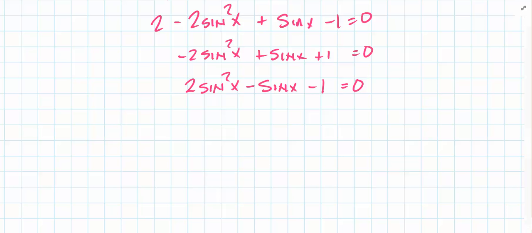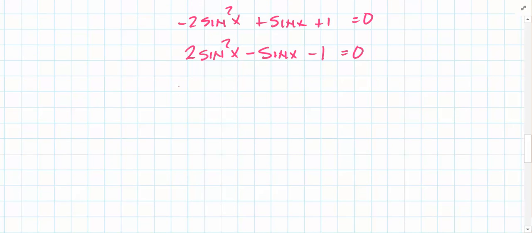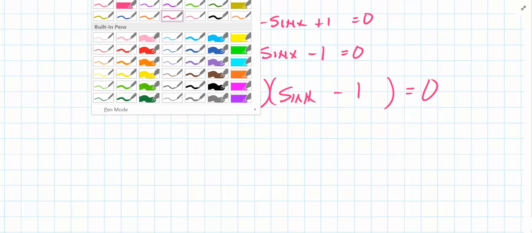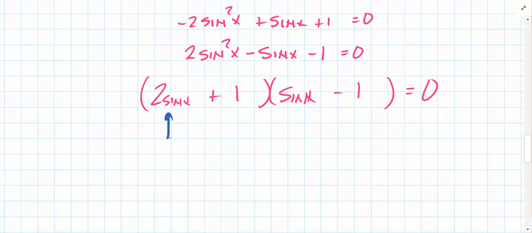Okay. So how can we factor this? Anybody got any thoughts? Well, 2 sine x. Yep. Probably a 2 sine x and a sine x, right? I would assume. Plus 1, minus 1. And then Seth says, why don't we try plus 1 and minus 1? Okay. Let's check, is Seth right? First, I'm going to get 2 sine squared x.